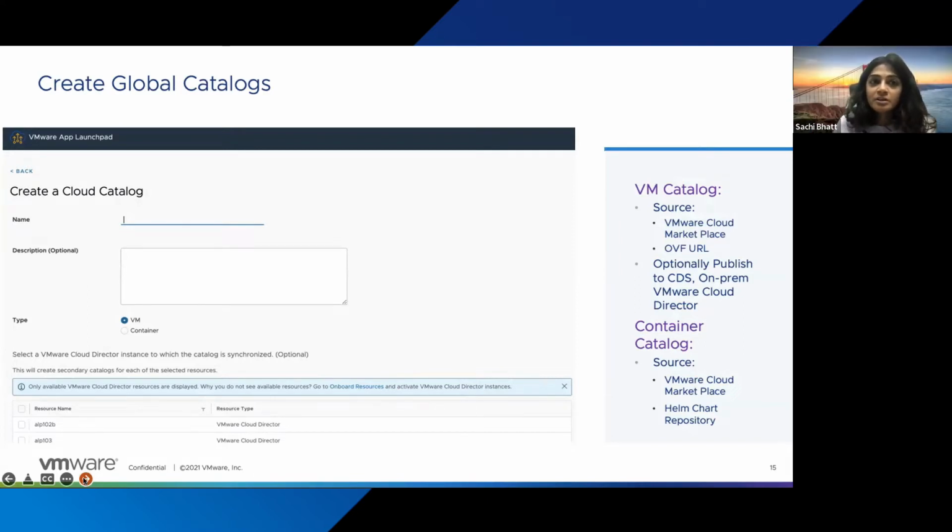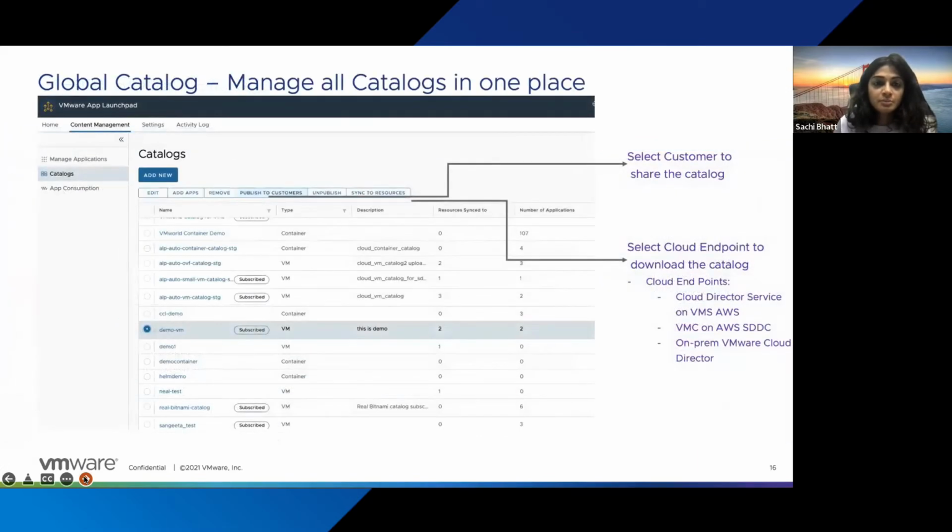And for the global catalog, the user experience is that there are two things. One is publish to customer and the other one is sync to resources. When you publish it to customer, you can select the number of customers who are going to use this, and sync to resources is the one responsible for managing the endpoints.